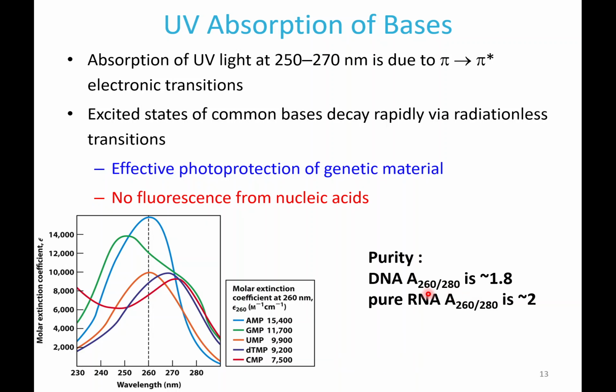Okay, and for pure DNA, that ratio is going to be about 1.8. For pure RNA, that ratio will be about 2. Okay, so that's sort of a trick in the lab that you use to determine how pure a sample of DNA is.